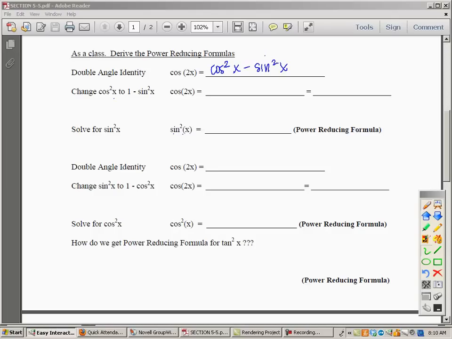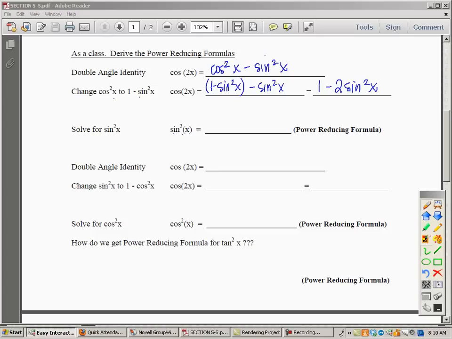Instead of cosine squared, let's replace it with 1 minus sine squared. That's the Pythagorean identity one. So we have 1 minus sine squared, and then minus another sine squared. Well, if I have a negative sine squared and another negative sine squared, I have 1 minus 2 sine squared.